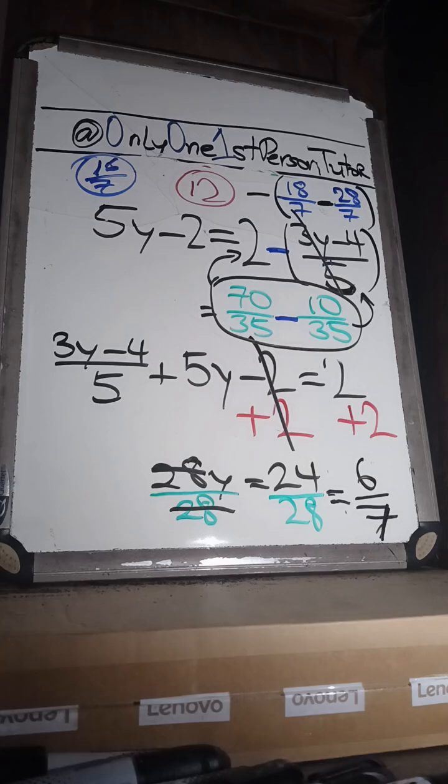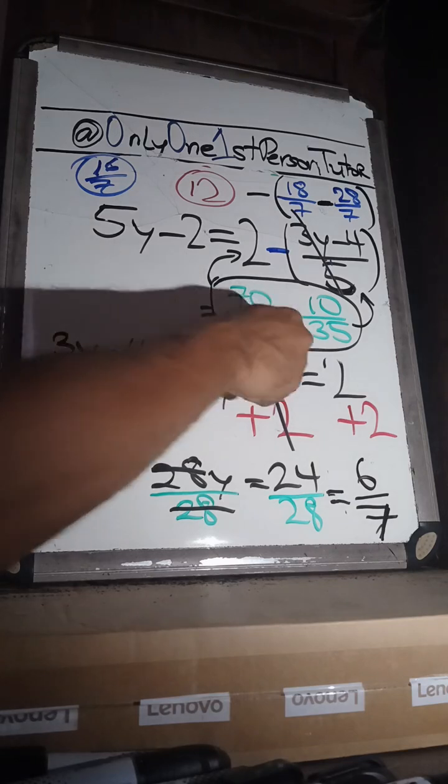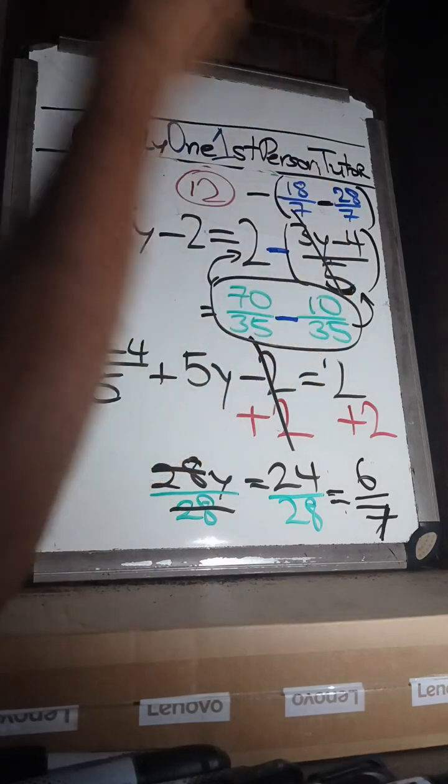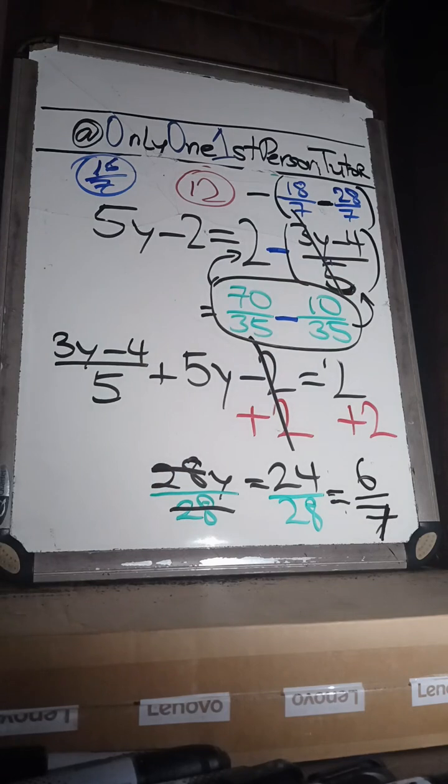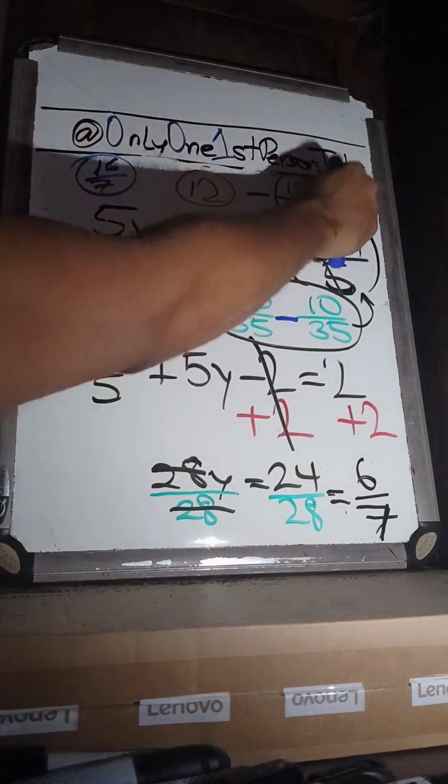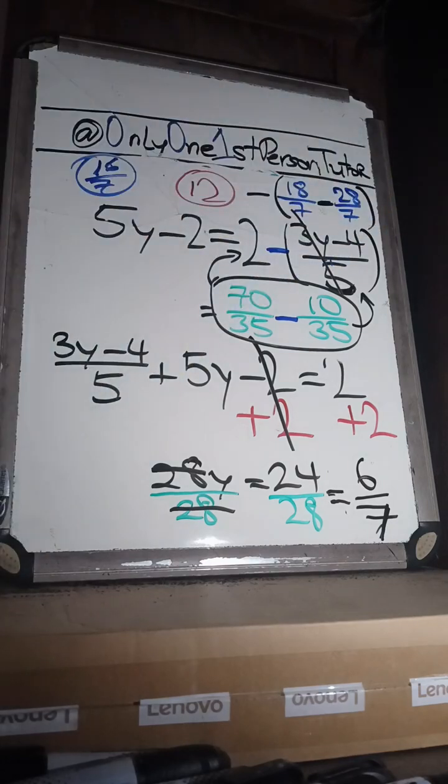Alright, I forgot. You see what I talk about? This is what I talk about. Remember, I had a minus on the inside here. I had a minus on the inside there. 18 minus 28 is minus 10.